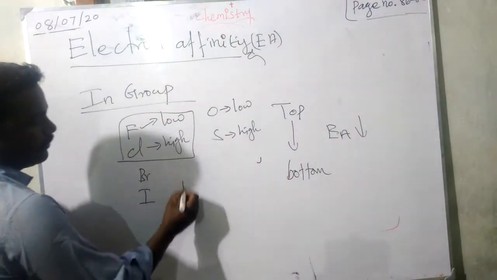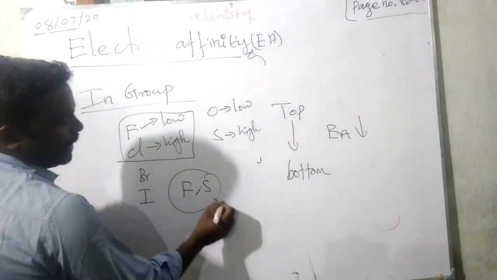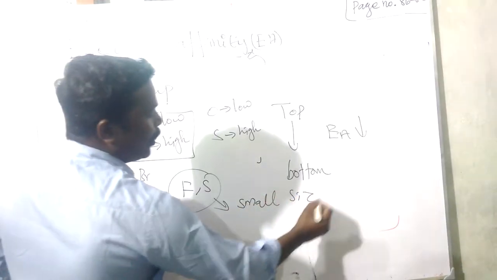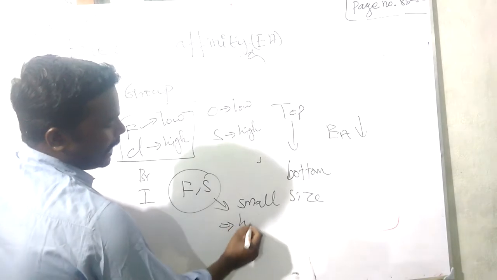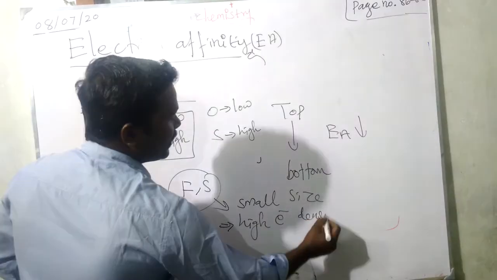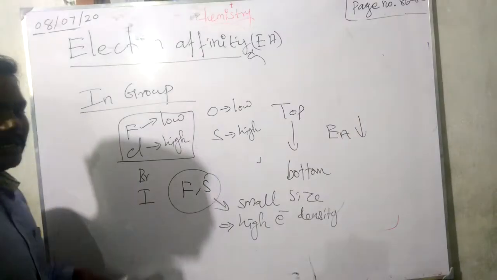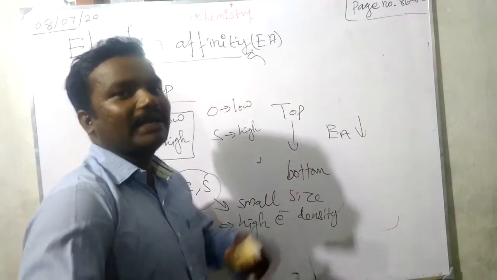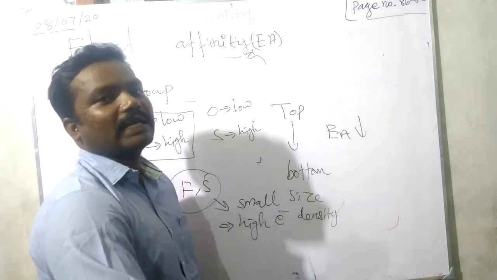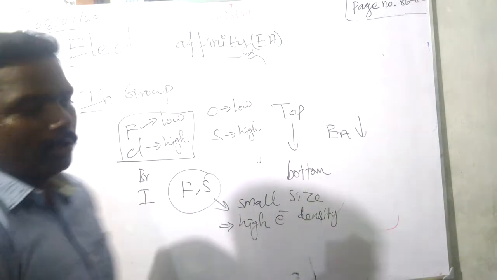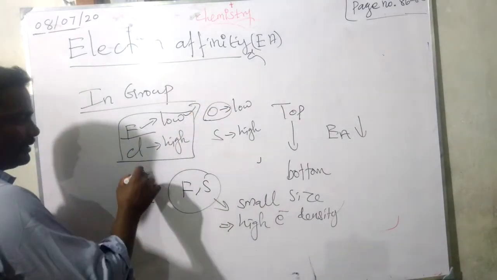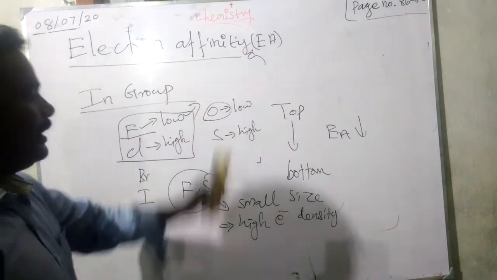So what's the reason? Fluorine and oxygen have small size. Because of small size, they have high electron density. Because of high electron density, the inner shell electrons repel the incoming new electron. Because of that repulsion, you cannot easily add the electron. That's why fluorine and oxygen have low values compared with the next ones, chlorine and sulfur.